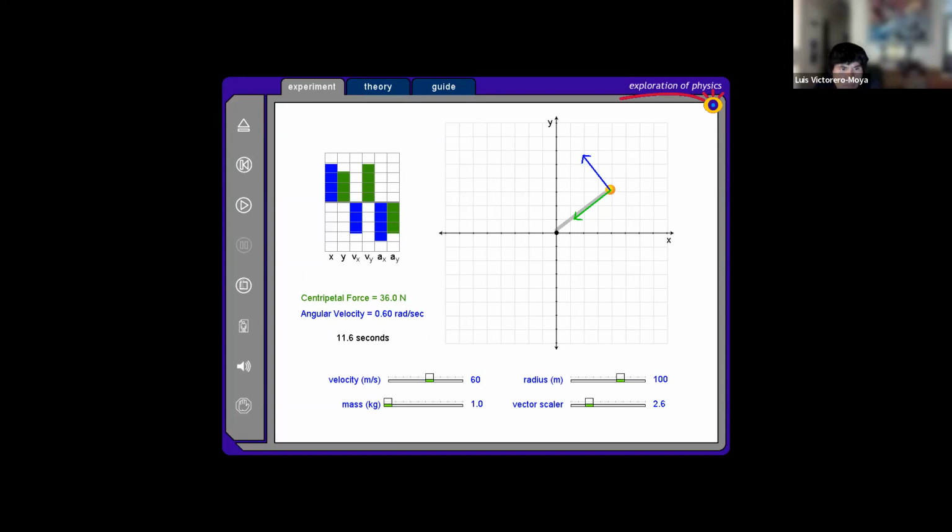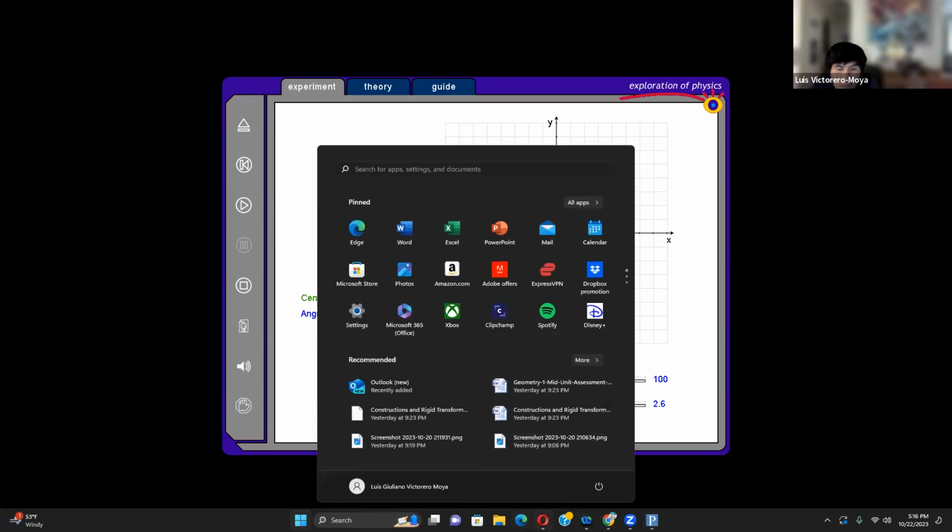So if I leave this as it is, you're going to use the time. How? Well, if I play the simulation, you want to find the time for one revolution, which will be that 10.5 seconds. If you have that, that's basically the period.